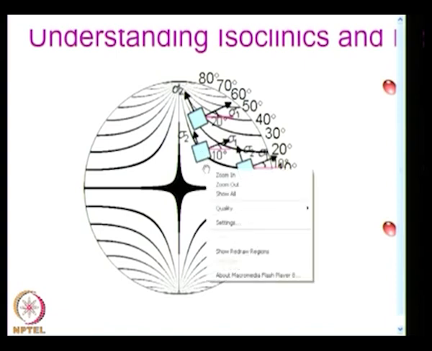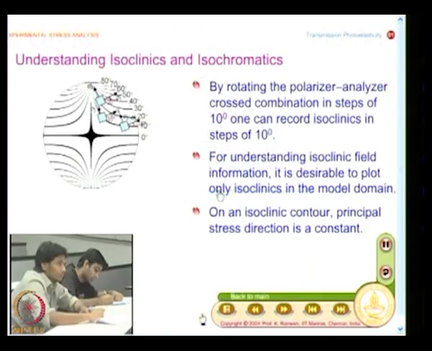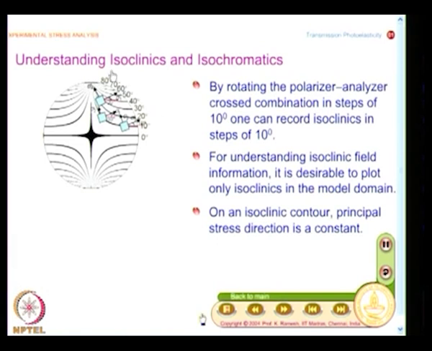Take that as a home exercise. So, what you have as isoclinic is a little subtle, and for me to get plots of this nature, I need to conduct a series of experiments and record them carefully in a conventional photoelastic analysis.